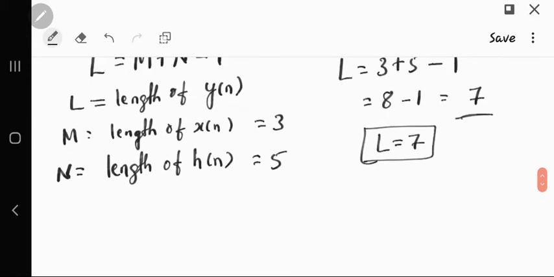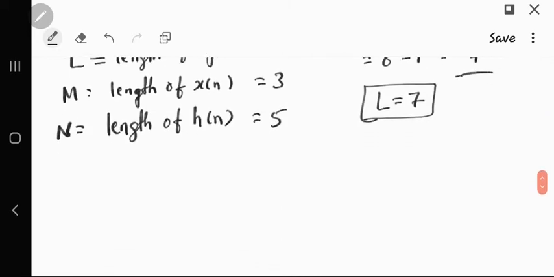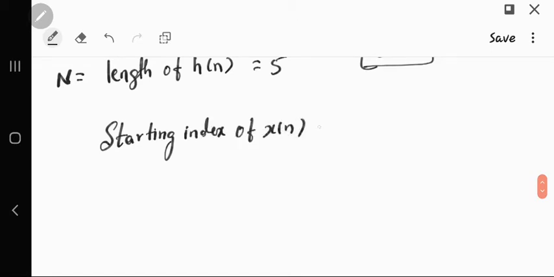Now the second thing is the indexes. What about the indexes? For that, you can go like this. Starting index of x of n plus starting index of h of n.